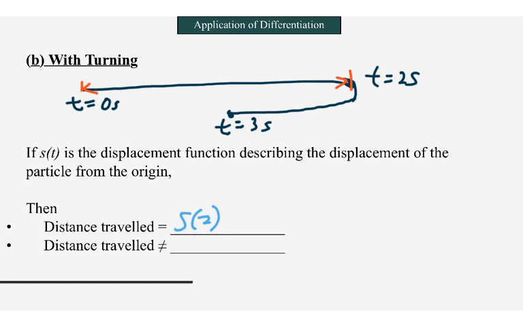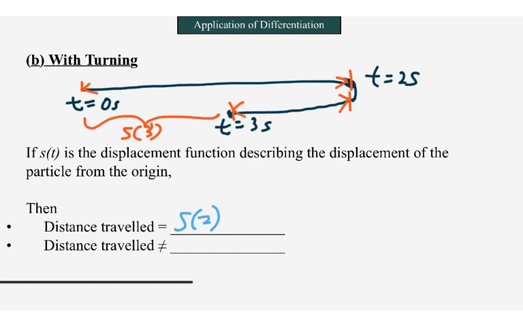The next part is we have to look for the distance traveled from this point to this point. To do this, I need to find the value from this part to this part, which is s with t equals 3, because that is the displacement of the particle at t equals 3 seconds.